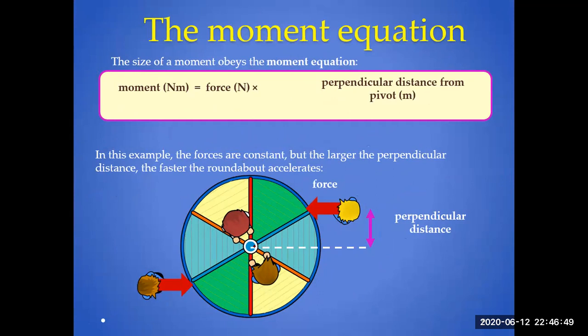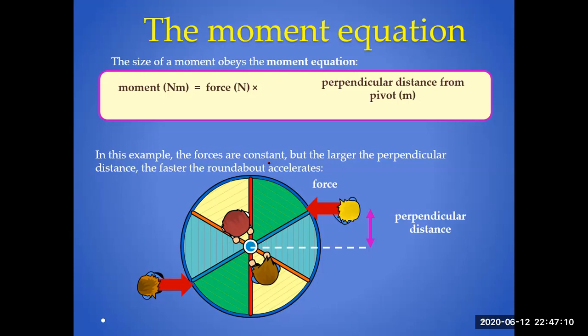So this is the pivot, and you are applying force at this point. The perpendicular distance from the line of action of the force, this one is called the line of action of the force, to the pivot, the point of rotation, is called the moment arm. So that's why it is taken as a vector quantity.